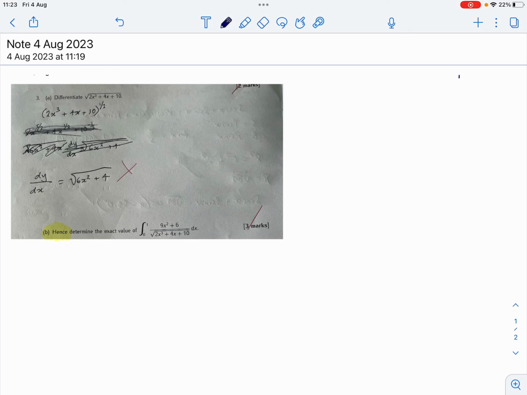So if we start off, I can analyse this function, and I'm just going to write it to the power of a half, same thing. We can see that this is a function of a function.